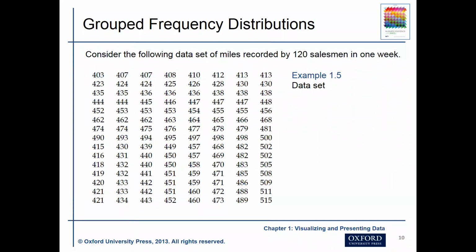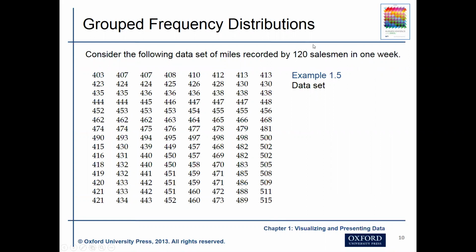One second. There is a grouped frequency distribution also. So what is the grouped frequency distribution? Grouped frequency distribution means usually we'll be making intervals. This is one example I will show in the Excel. Consider the following data of miles recorded by 120 salesmen in 1 week.